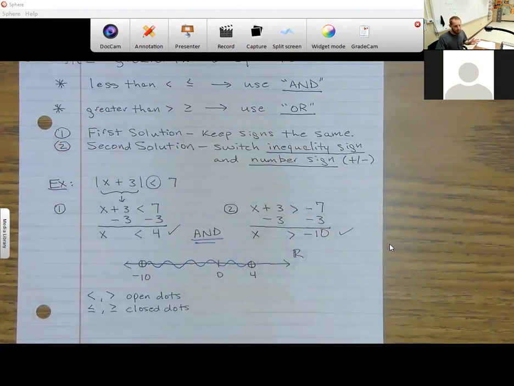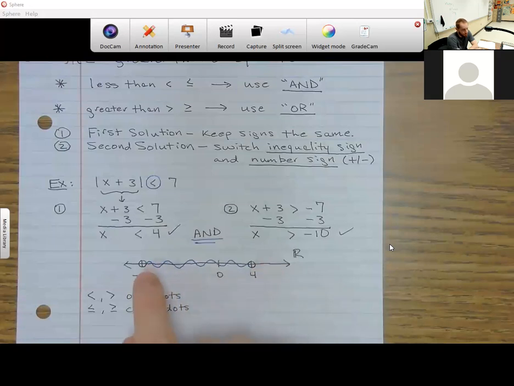We just shaded the number line. I don't like to use the really heavy shading that some people use. I just like to kind of draw it that way. I think it's kind of cleaner that way a little bit. And you can really see what kinds of numbers are part of the solution set. Because any number in between negative 10 and 4 can work, right? I can't choose 5 for my answer because that's well outside of the shade, right?